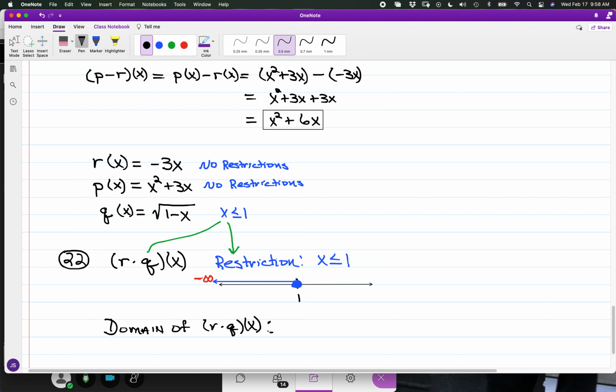going from the graph and translating into interval notation. So this is your inequality solution. This will be your graphing solution that defines the domain.